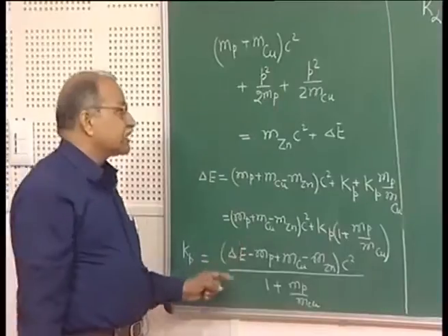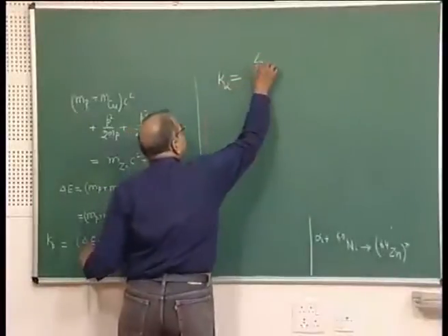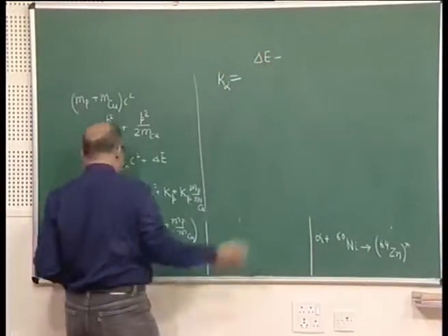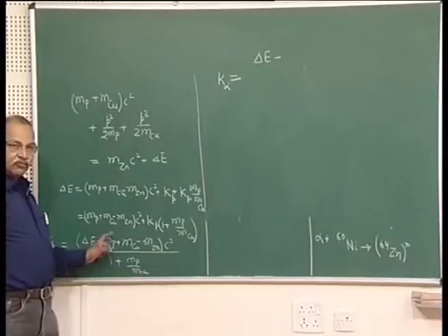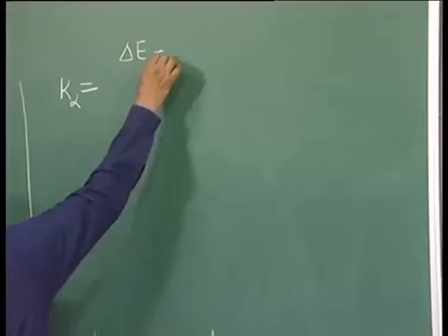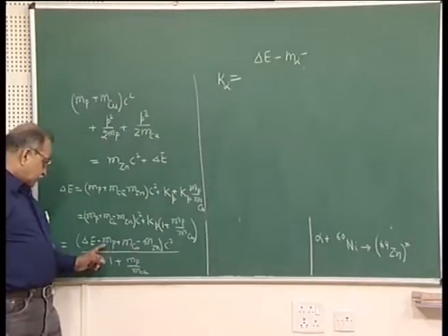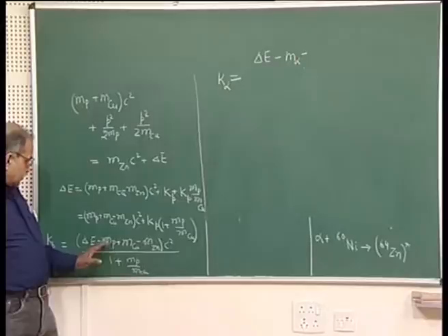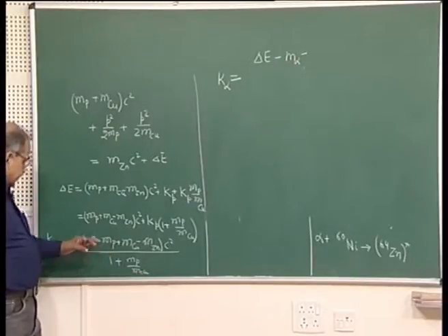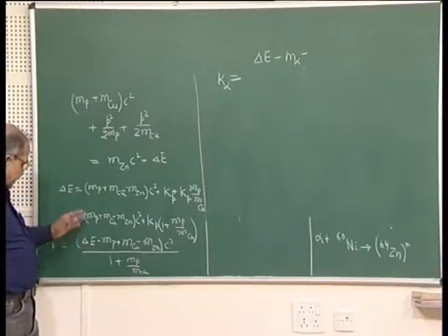So, now it is K alpha. How much alpha particle energy is needed to take the 64 zinc to the same excited state. So, this delta E is same. So, this will be delta E minus, mass of proton is now mass of alpha particle we will write. So, minus mass of alpha particle, and then, wait. So, this is Kp is Mp.